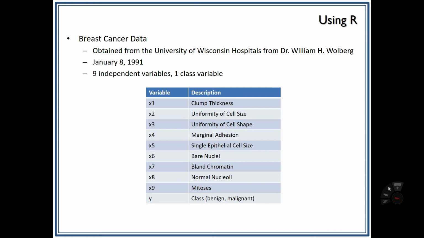I'm going to explain using this breast cancer data set. That was actually obtained from the University of Wisconsin medicine hospitals, from Dr. William Wolberg. Dr. William collected this data set.